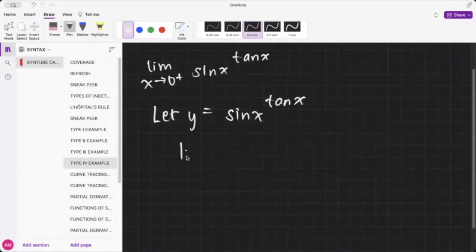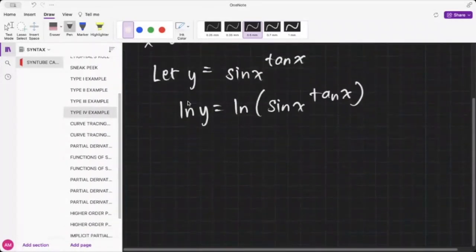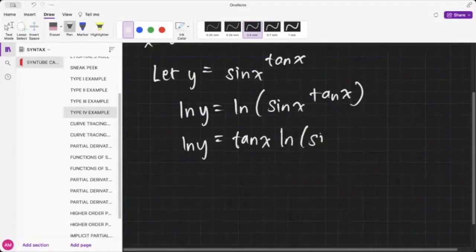So, it will become ln of y is equal to ln of sine of x raised to tan x. So, you just took the ln on both sides. Then, by properties of logarithm, you can bring it down here: ln of y is equal to tan x times ln sine x.